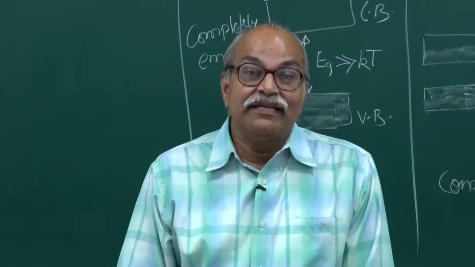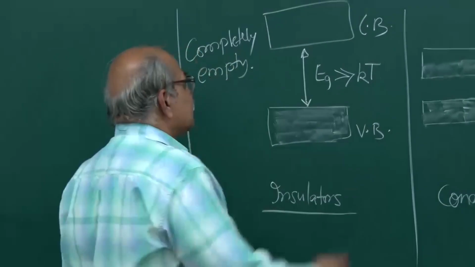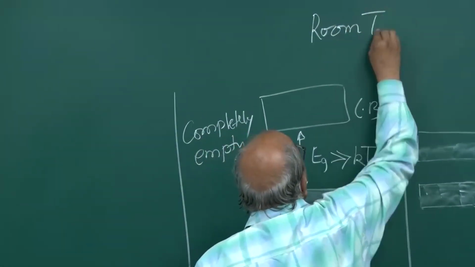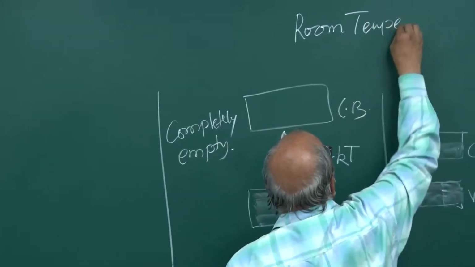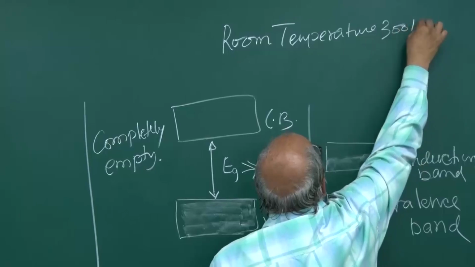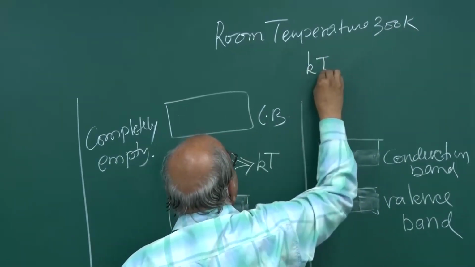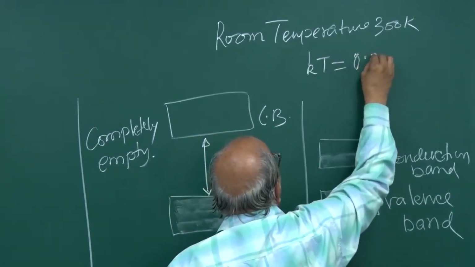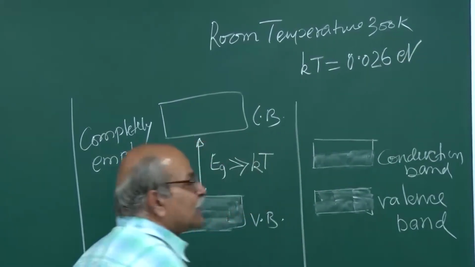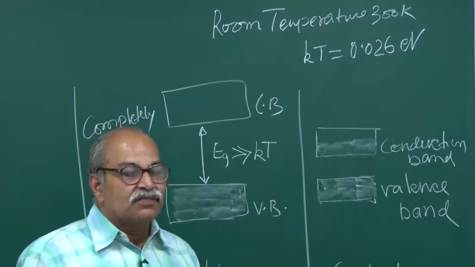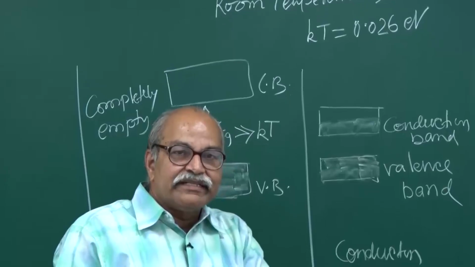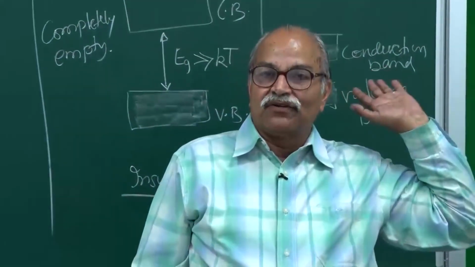So this k into T, for example at room temperature 300 K, is 0.026 electron volts or 26 milli electron volts. So this is kT. This is the average, the energy exchange is of this order.